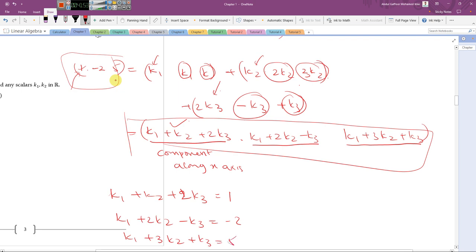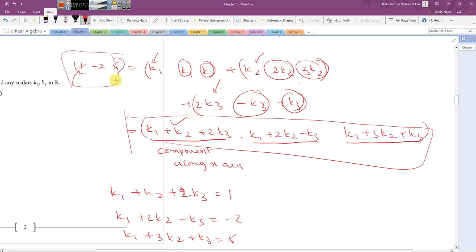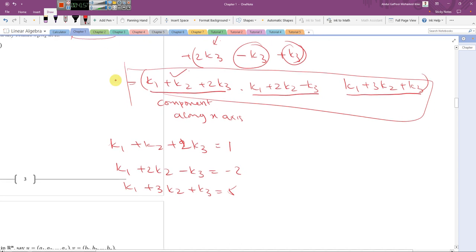Now we have 3 equations and 3 unknown variables. So if you solve these 3 equations, we can find the values for k1, k2 and k3. For this we can use our calculator rather than solving these equations manually.